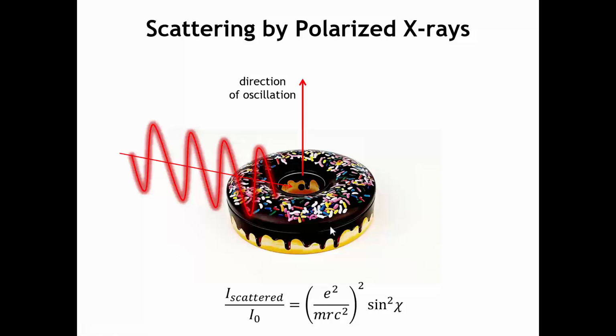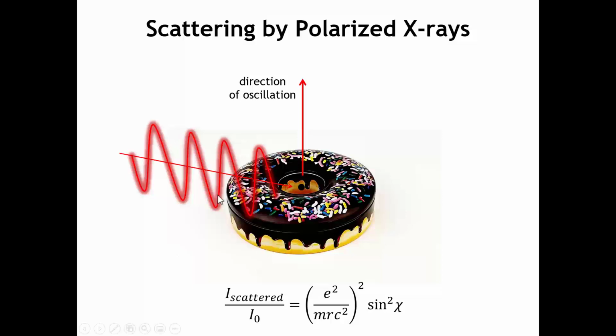Now, what happens if the incoming X-rays are not polarized? For most lab X-ray sources, we make X-rays by bombarding a metallic target like copper or molybdenum with high-energy electrons from a filament. And that kind of radiation that's made in a lab X-ray tube is not polarized.